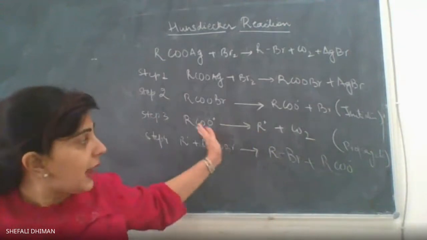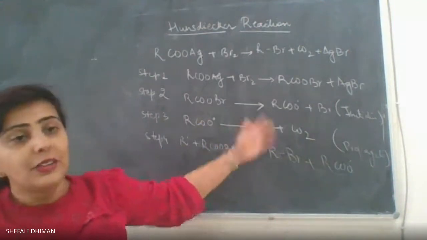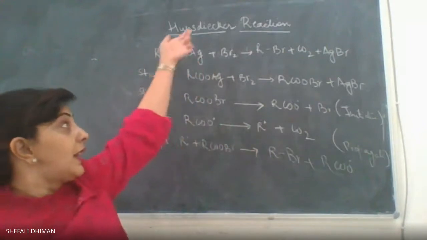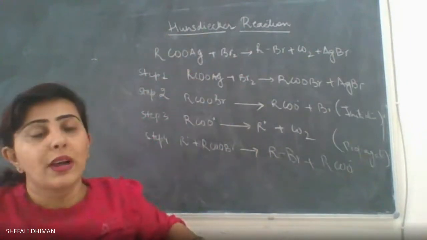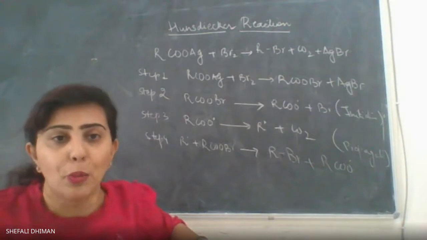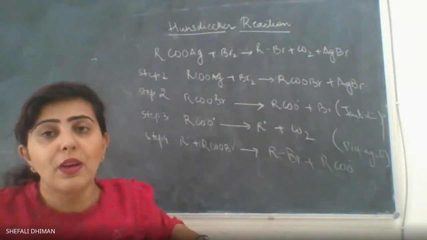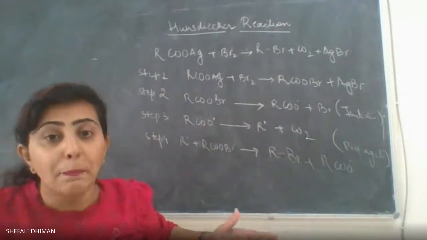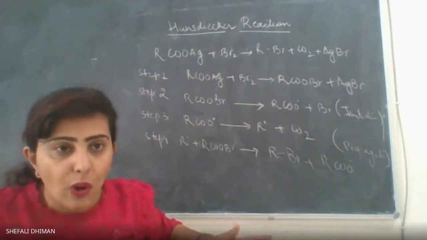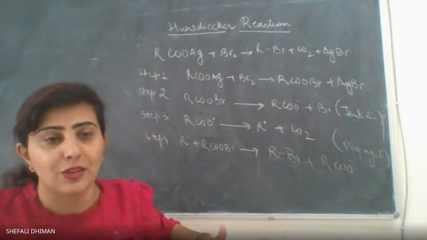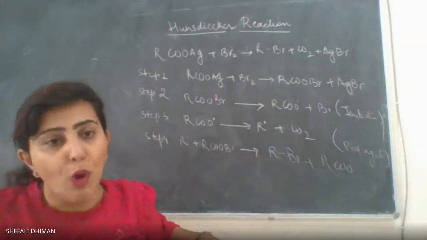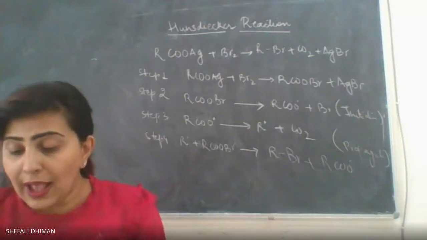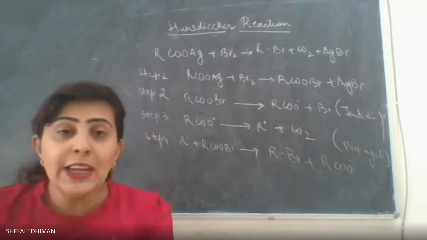So till the time the free radical is generated, the reaction is going to continue till the entire substrate gets converted into the product, which is the alkyl bromide. So this is a very simple example of a free radical driven name reaction called the Hunsdiecker reaction.